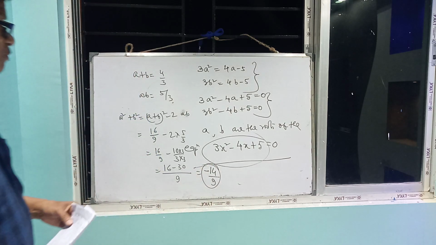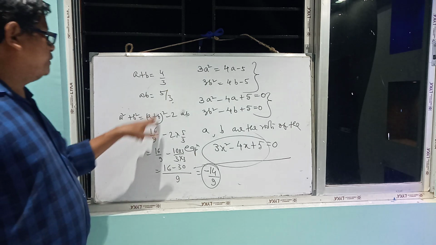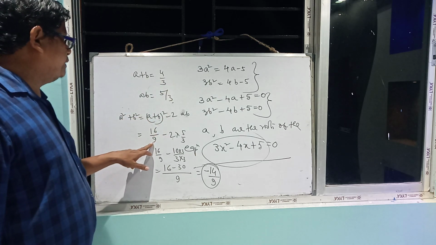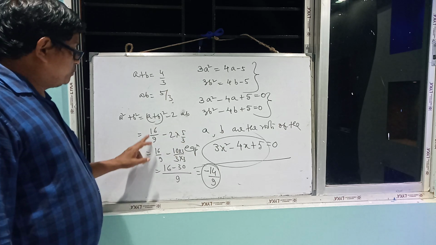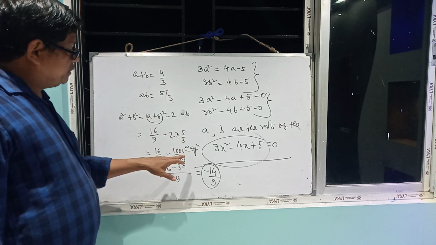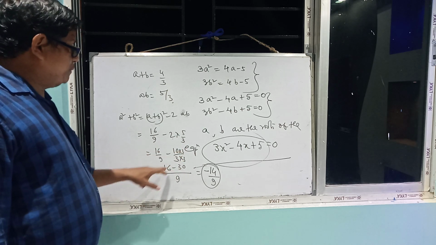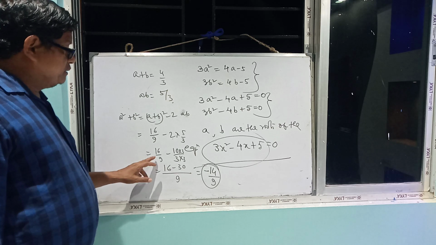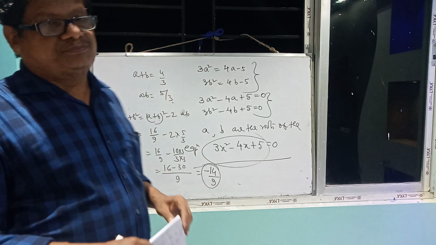The value of a square plus b square is minus 14 by 9.